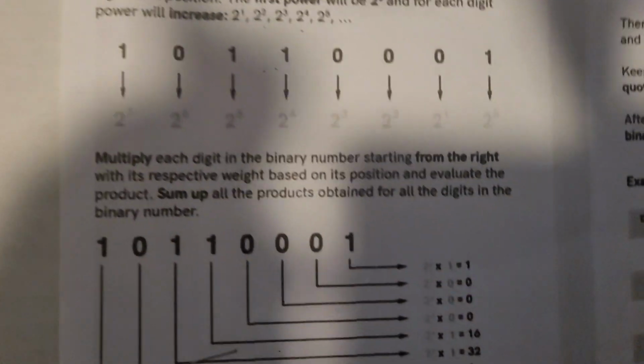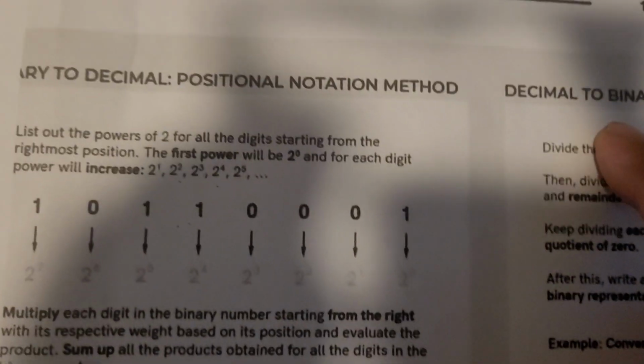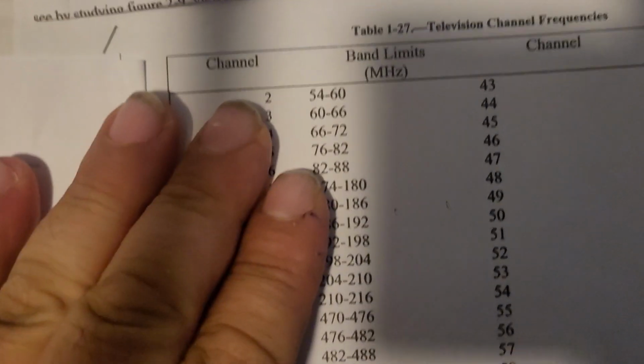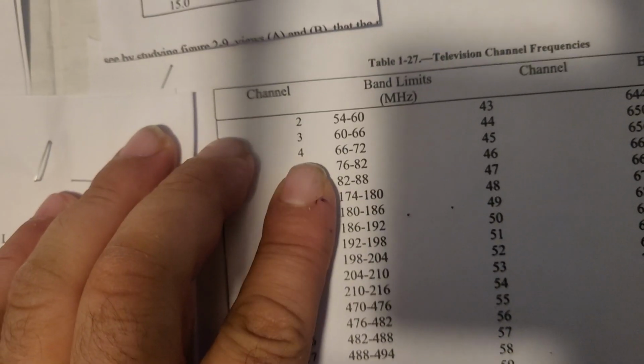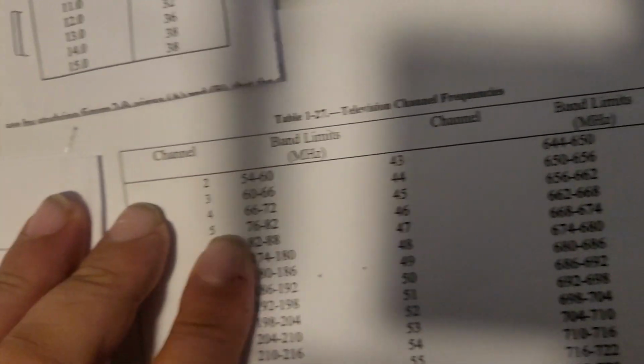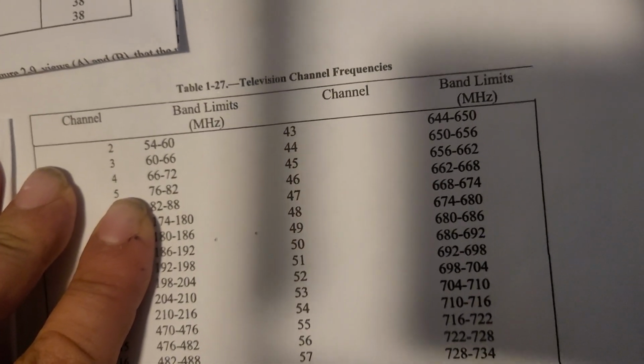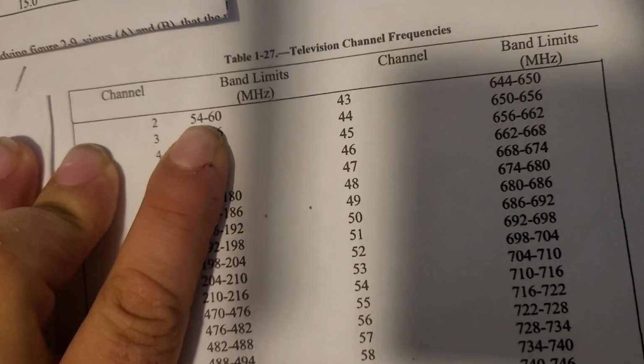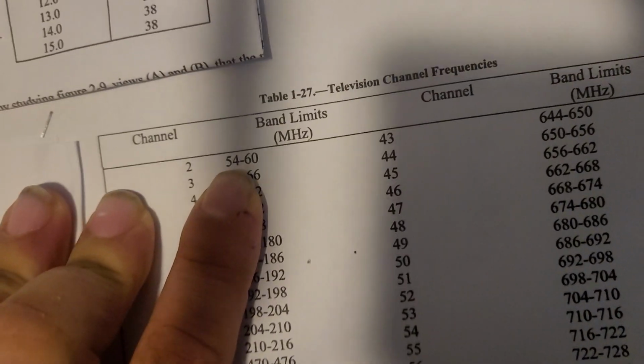Okay, so we did decimal notation. Decimal to binary. They come in 4 bits. They're used in 0-1 sequence binary. You have television channels, and these show the band limits to your decibels and megahertz, and how many band limits there are. It would be an upper and lower for channel 2 of 50 and 60, meeting a carrier strength in between.